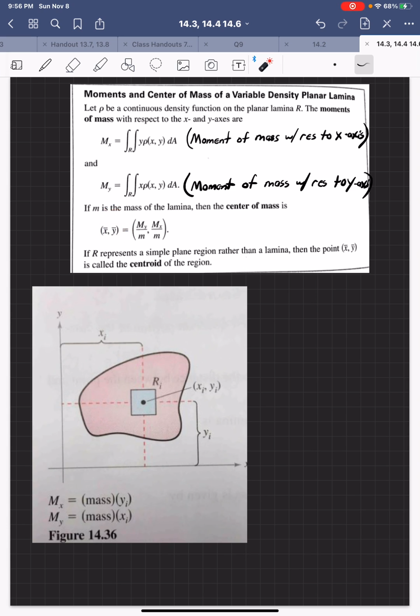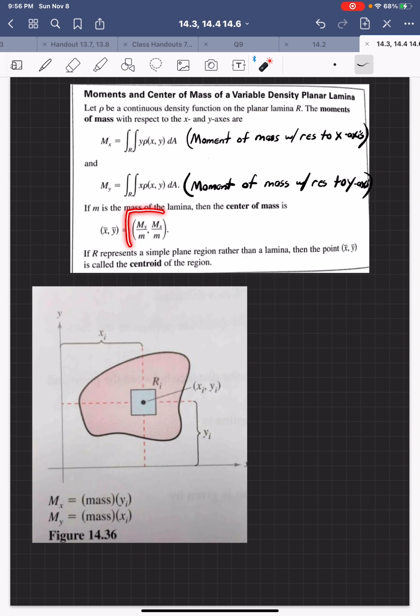And to get there, we need two topics that we've covered in Calc 2, and that is moments, right? So moment of mass with respect to the x-axis, with respect to the y-axis.